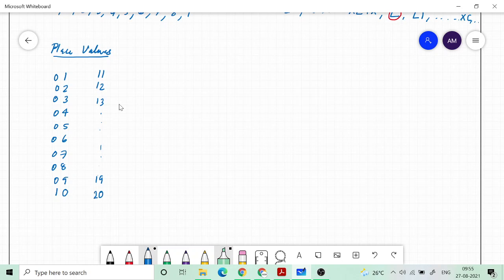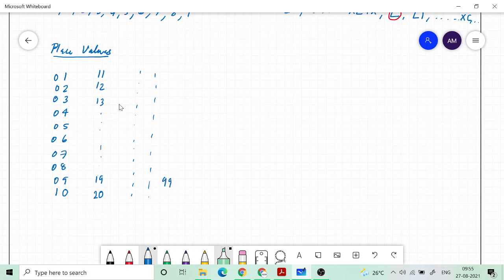Now the second position, that is the leftmost position, can also go up to explore all the possibilities from 1 to 9, and when those possibilities are exhausted, after some time, once we reach say 99, then what will happen?